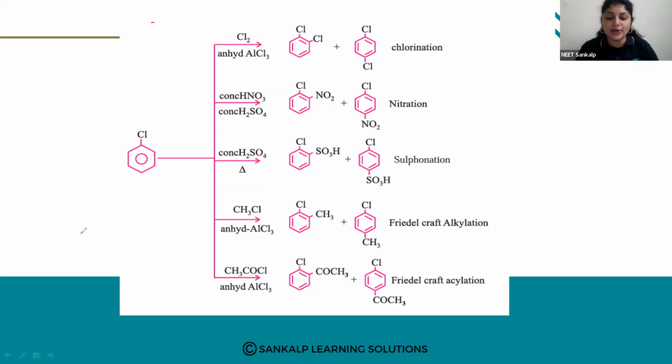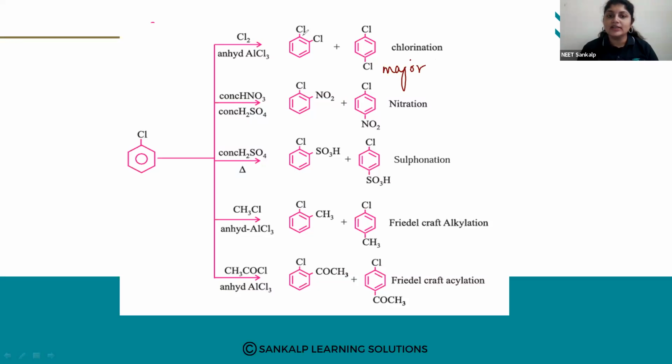When you are doing halogenation, it goes via Cl2 and anhydrous AlCl3, that is aluminum trichloride. You get 1,2-dichlorobenzene and 1,4-dichlorobenzene. The major product is the para one. Why?